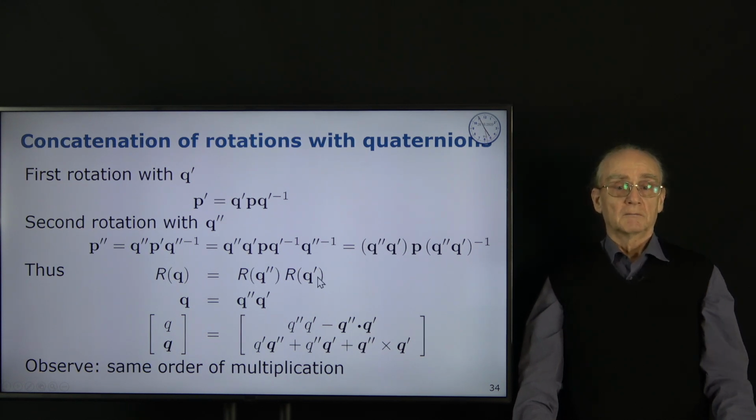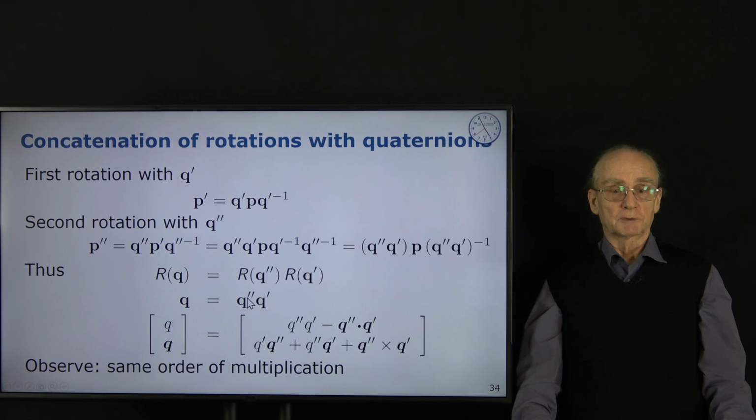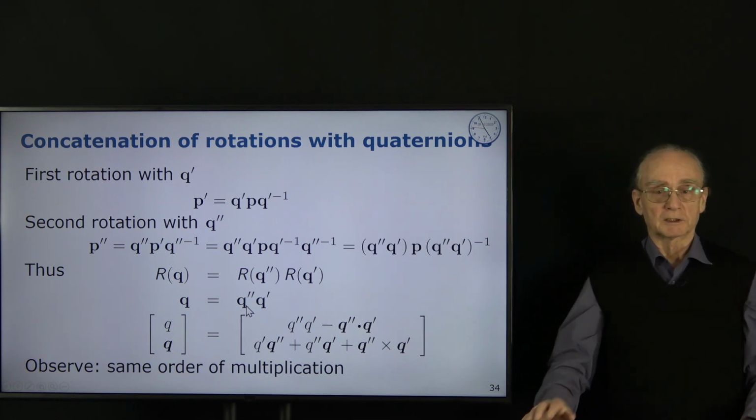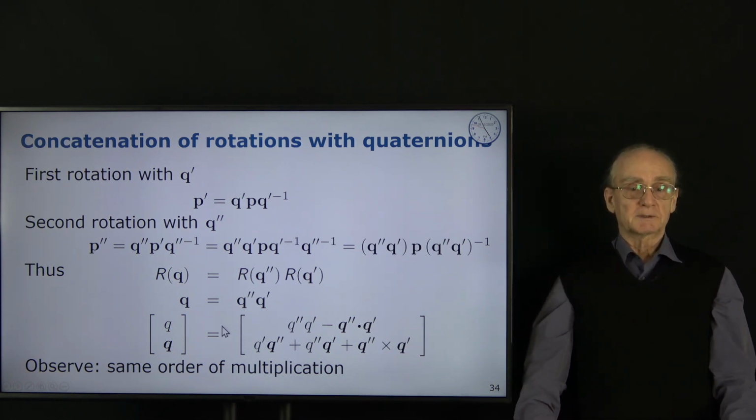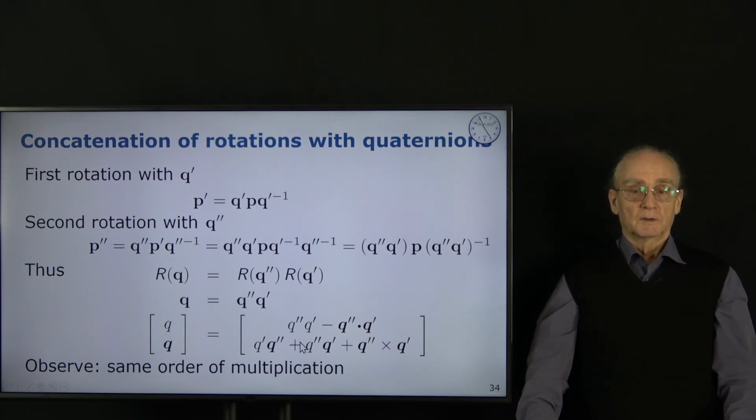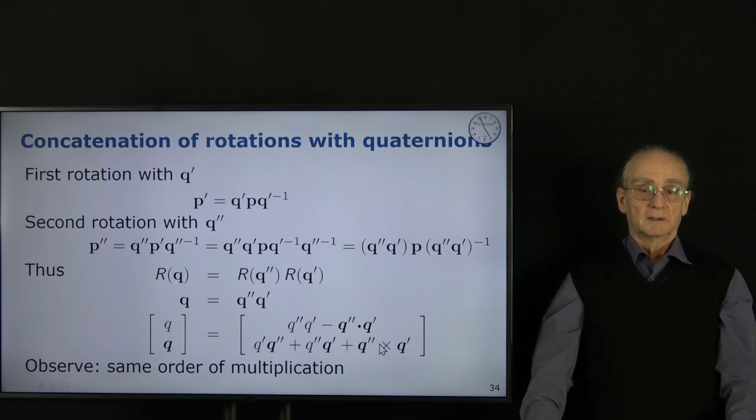So if we multiply two rotations which depend on q prime and q double prime, we get a rotation which depends on q, and q is nothing else than the quaternion product of q prime and q double prime. You see, the sequence of the order of the multiplication is the same. So we have an explicit expression for our new quaternion, depending on the first and second quaternions.